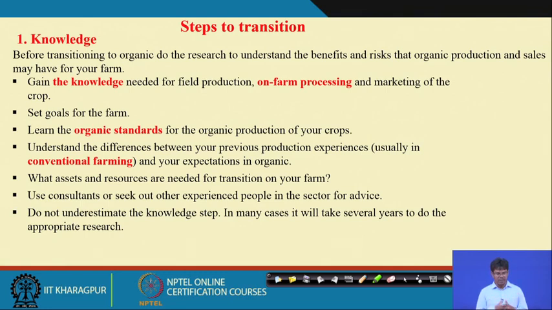Understand the difference between the previous production experience and your expectations in organic, and what assets and resources are needed for transition of your farm. Use consultants or seek advice from experienced people in these sectors.